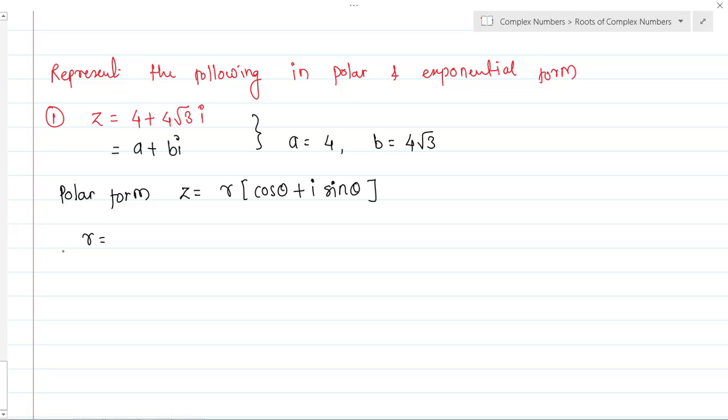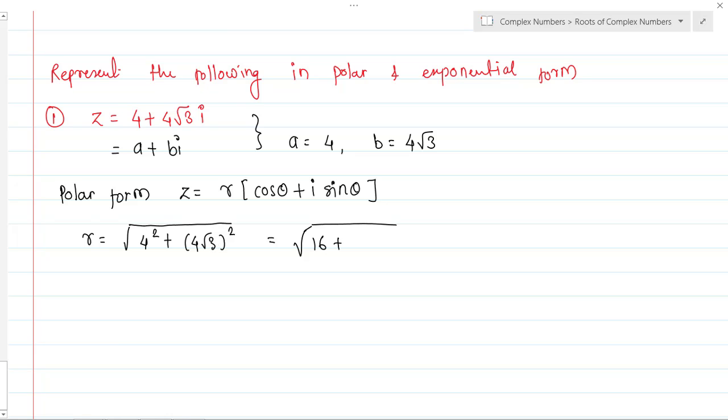R is nothing but the modulus. So in this case r becomes the root of 4 square plus 4 root 3 square, which is nothing but root of 16 plus 16 into the root 3 becomes 3.